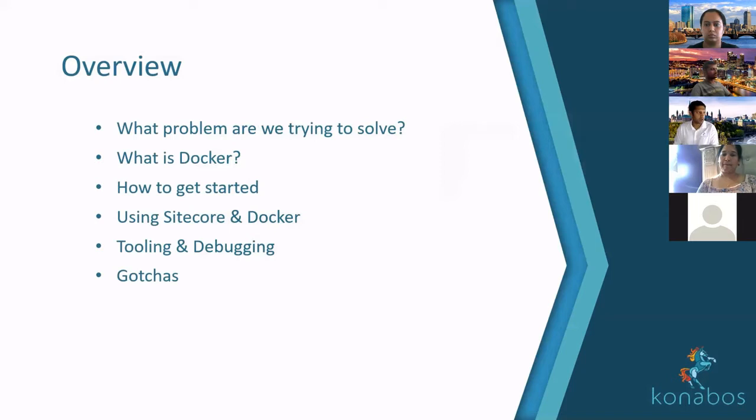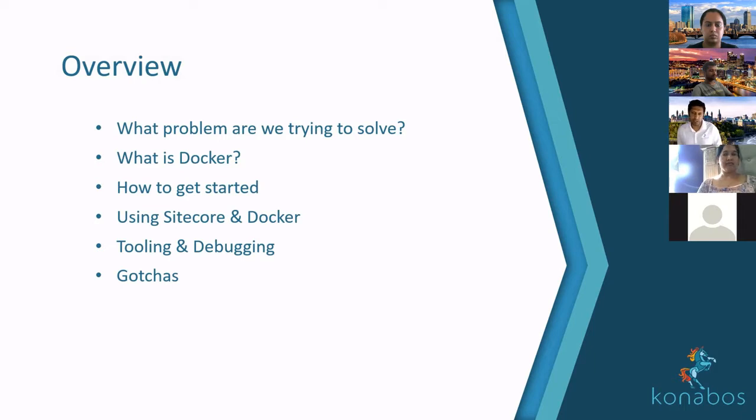The agenda for the session is we'll go over some information about what we're trying to solve, what Docker is, how you can get started using Docker, and how you can use Sitecore and Docker in a bit of a real life situation. I have a sample project which I'll give you the links to at the very end.